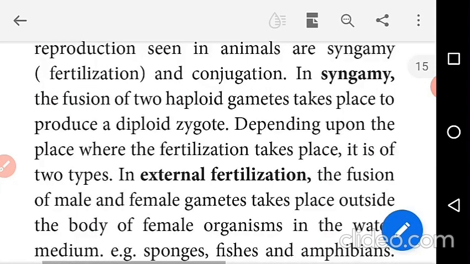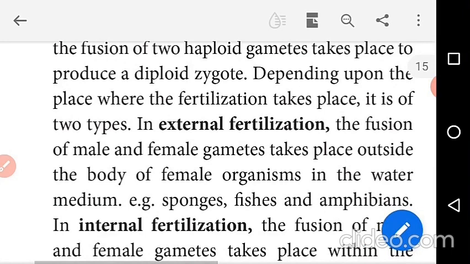Best examples: frogs, amphibians, fish, sponges. Male animals release their male gametes and female animals release their female gametes. Then the joining takes place outside of the body, particularly outside of the female organism. That is called external fertilization.